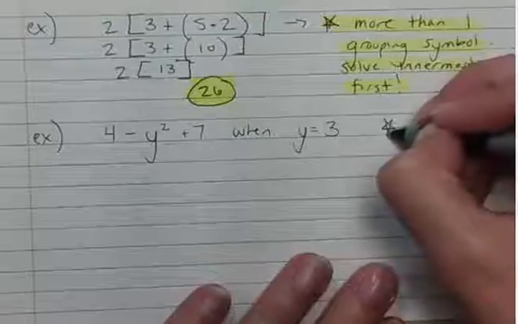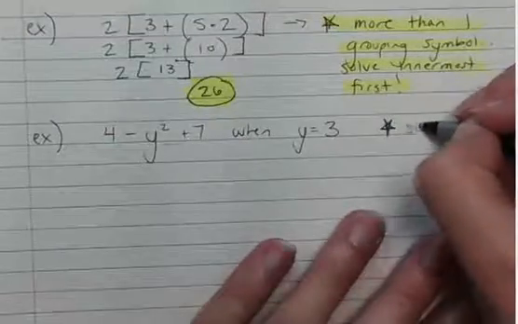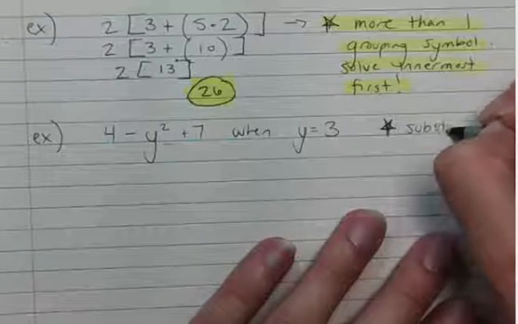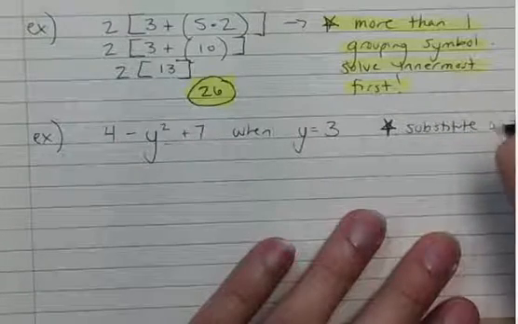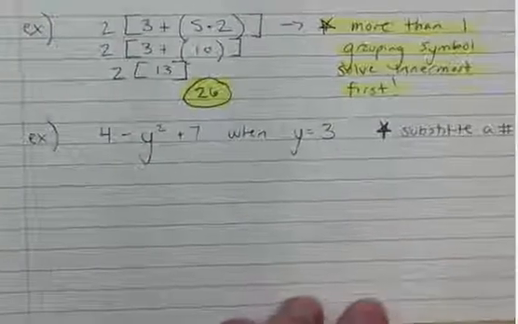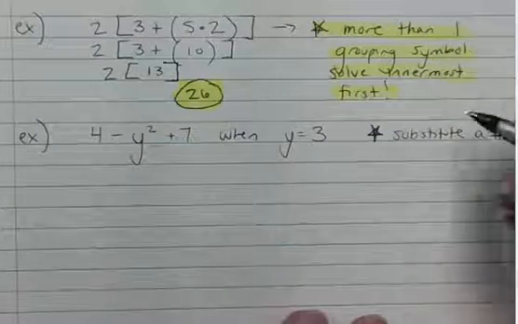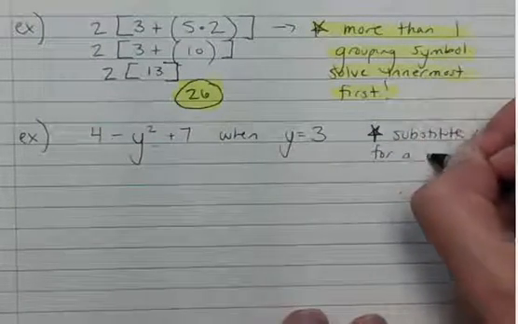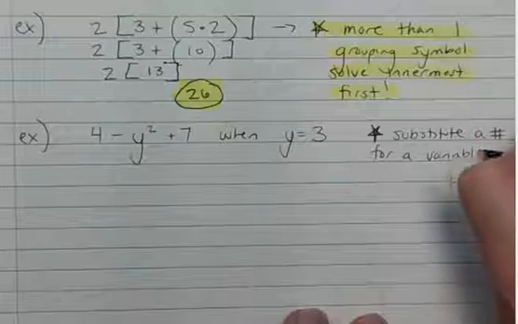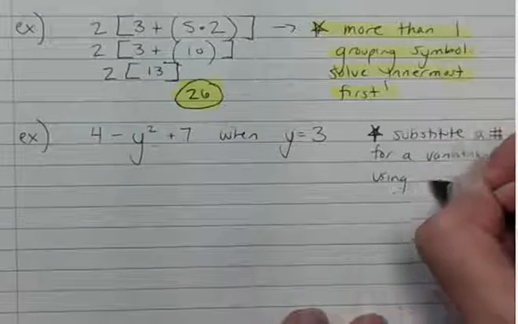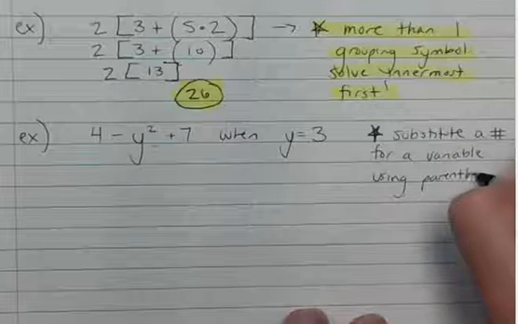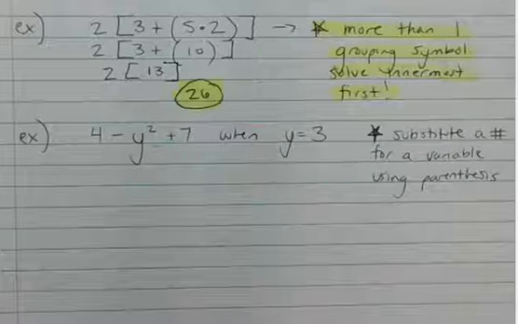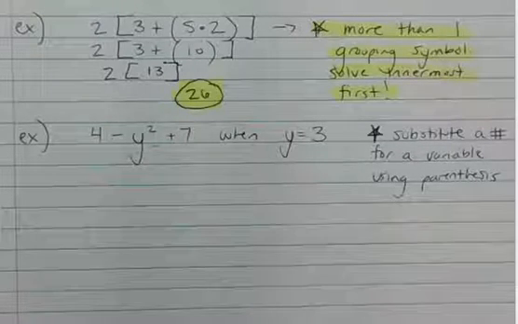So go ahead and put another star here and write down that we are going to substitute a number for a variable using parentheses. Always, always, always. We have to use parentheses.